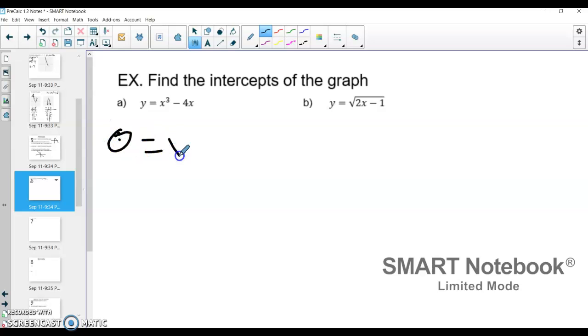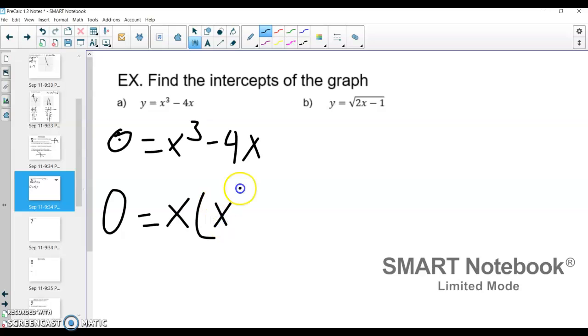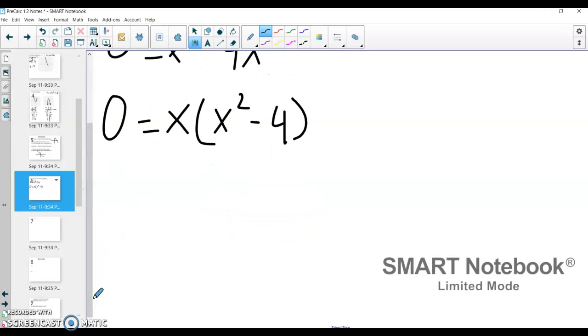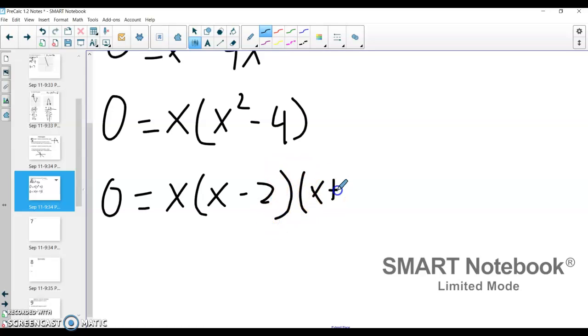So 0 equals x cubed minus 4x, which, we can take x out, and we're going to get x squared minus 4. And then that actually can be broken down really nicely. We're going to end up with 0 equals x times x minus 2 times x plus 2.